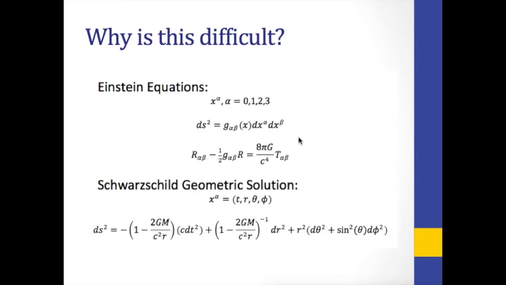Now what that is, it's a double sum over alpha and beta from 0 to 3, those 4 dimensions that are implied. The integration of ds specified from this expression gives us the distance that a particle in an Einstein field would actually travel going across that 4-dimensional field, thus solving the Einstein field equation down here.